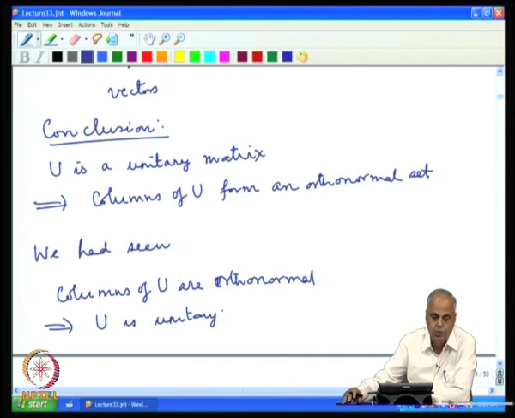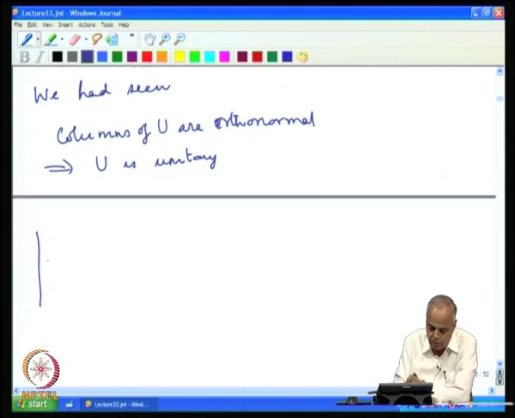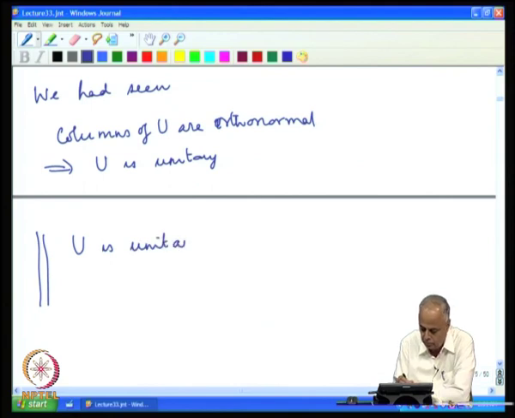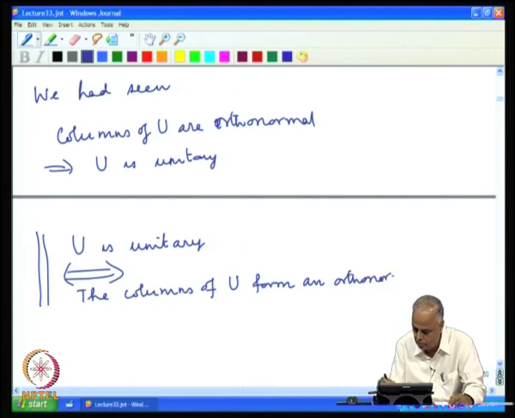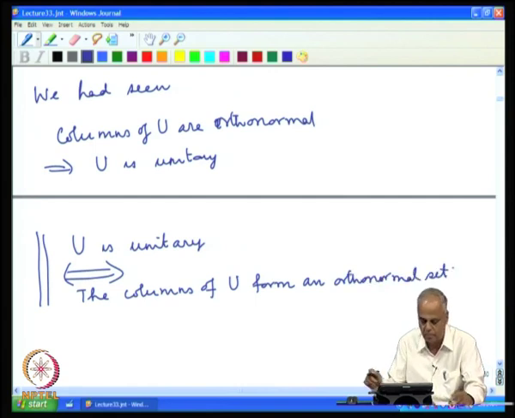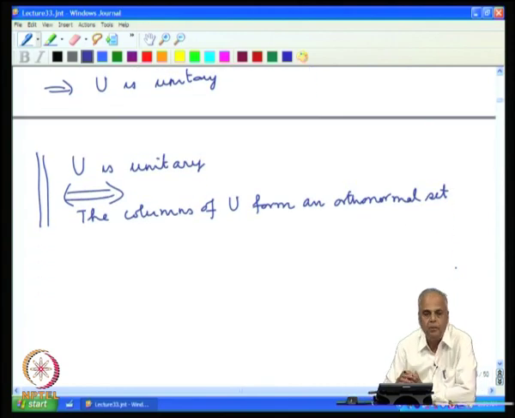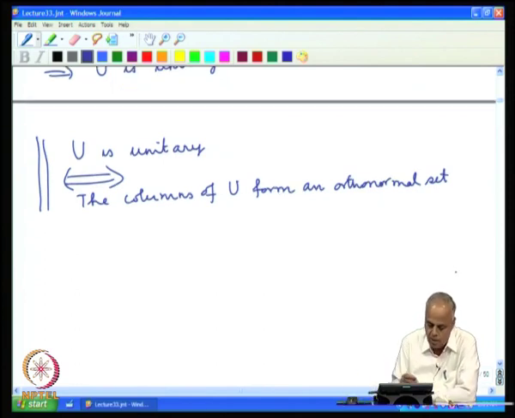Thus, combining these two, we get the important conclusion that U is unitary if and only if the columns of U form an orthonormal set. Thus, we can easily recognize whether a matrix U is unitary or not by looking at its columns and seeing whether they form an orthonormal set.